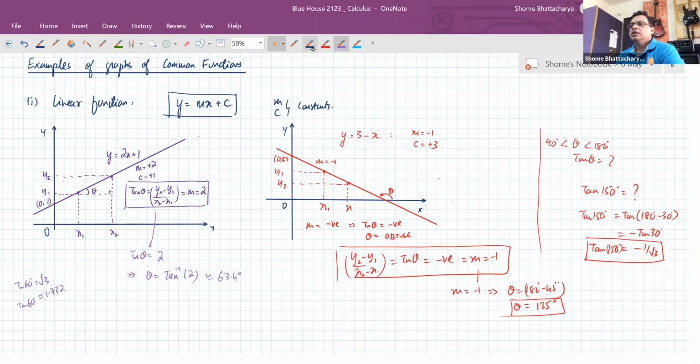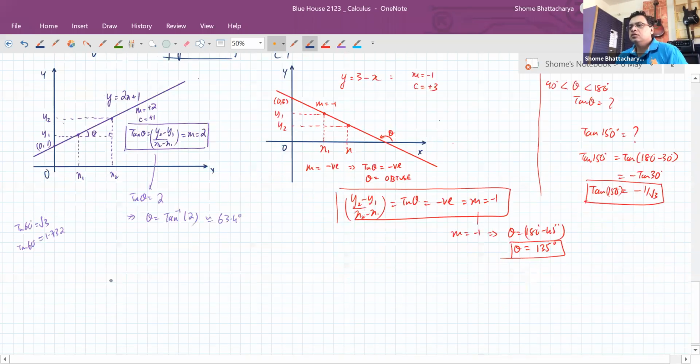What is important is that in terms of rate of change, we have two types of linear functions, with positive slope and with negative slope, and this is how their graphs look. Now, of course, the y-intercept also becomes important. For example, if we have a graph like this for a straight line, this one has m positive but y-intercept negative, because where it's cutting the y-axis, it has a negative value of c.